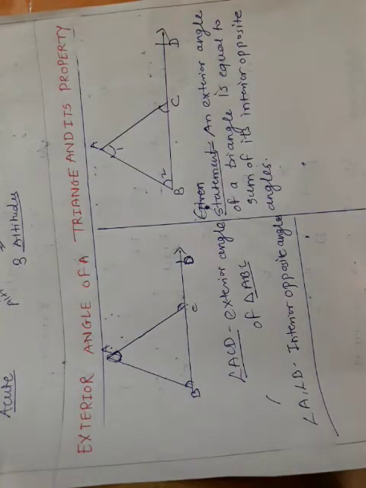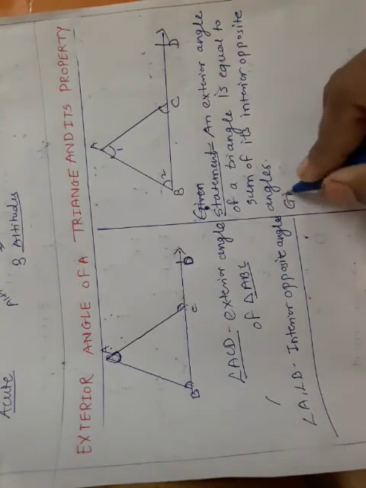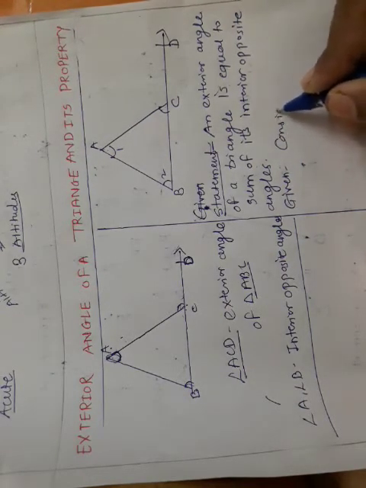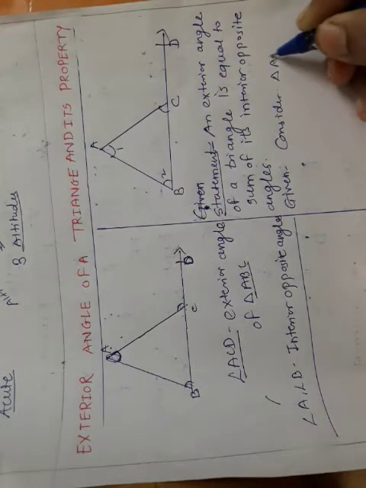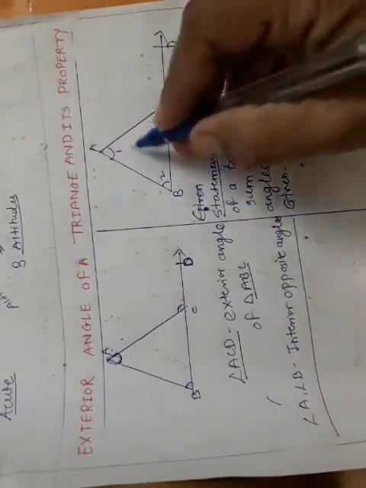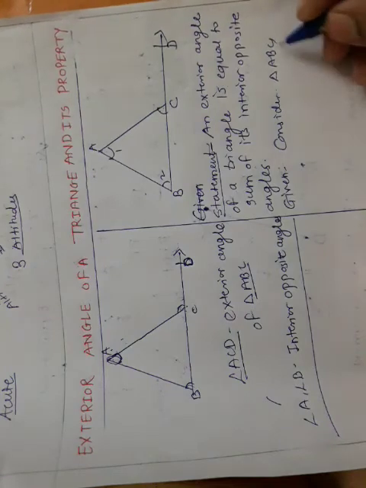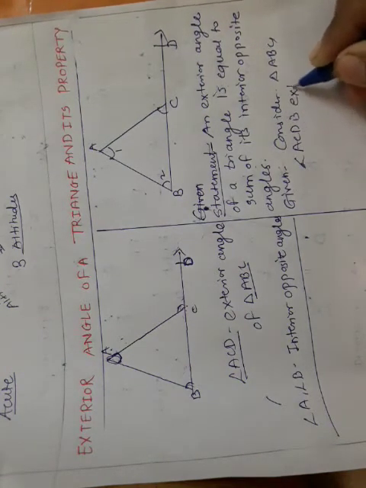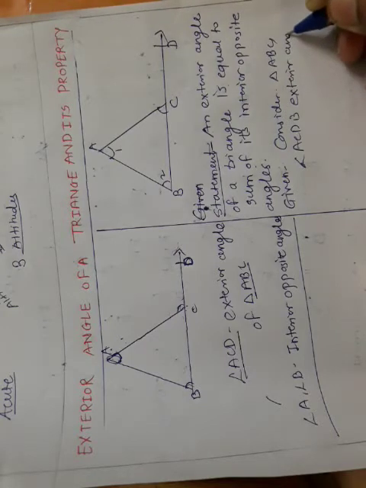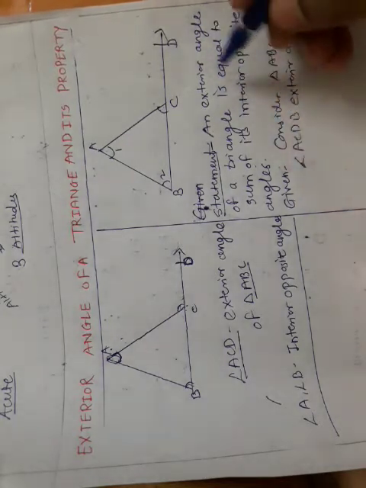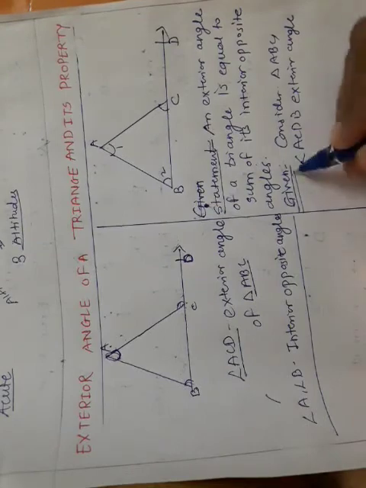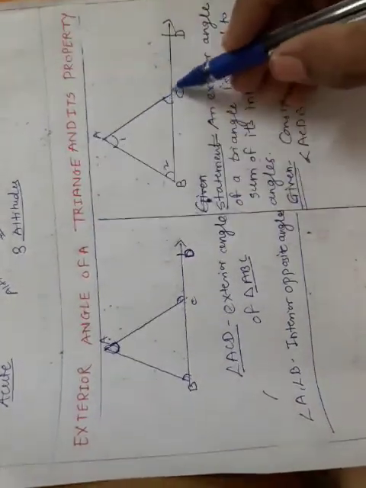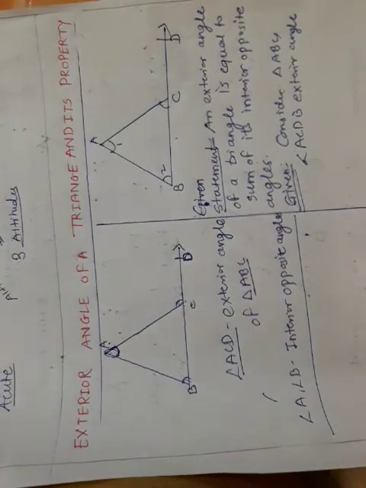Now what is given here? Given, consider triangle ABC, and angle ACD is the exterior angle. Again I am explaining: consider the triangle ABC and angle ACD is the exterior angle.